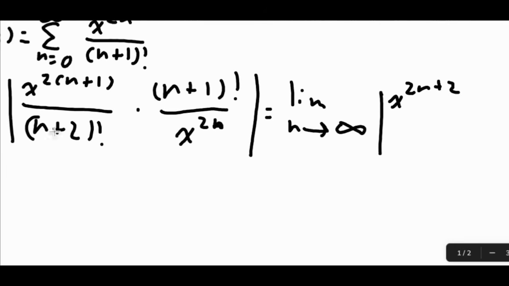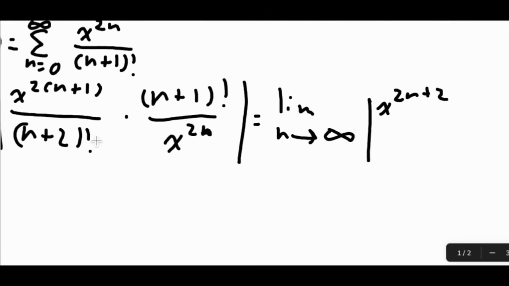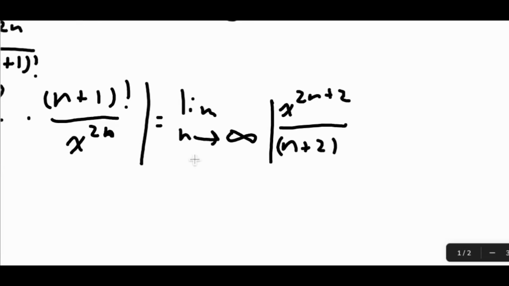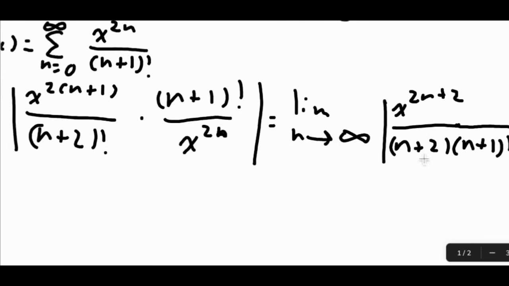And I'm actually going to rewrite this n plus 2 factorial as n plus 2 times n plus 1 factorial, because remember, these are mathematically equivalent.